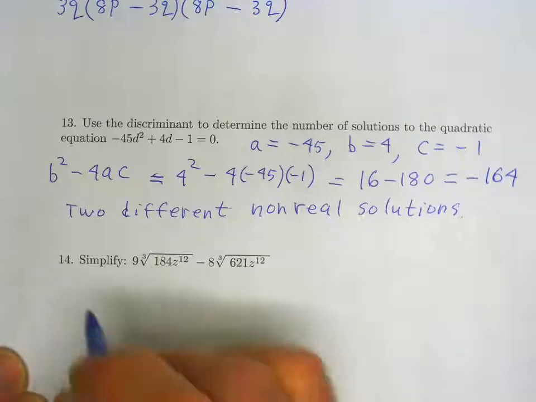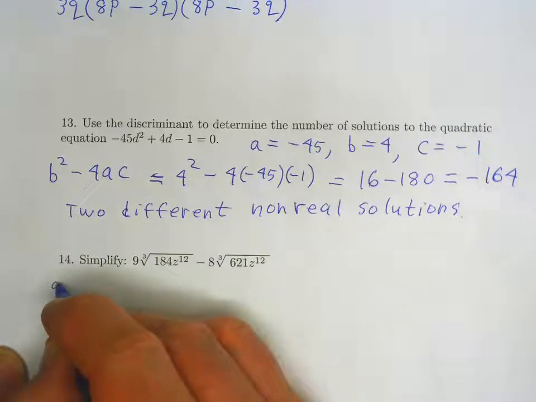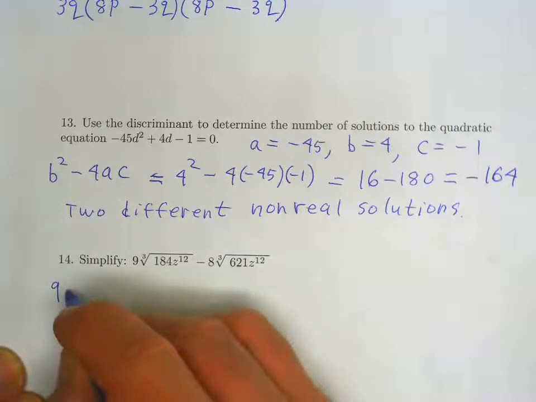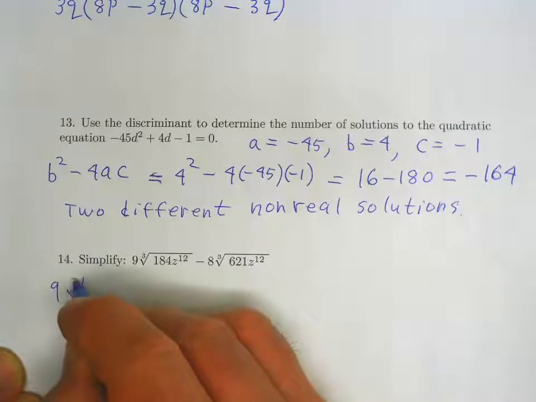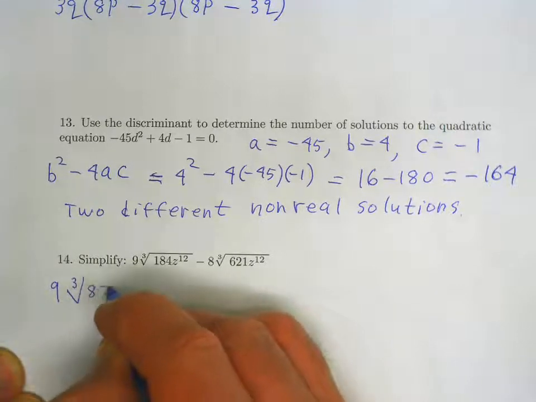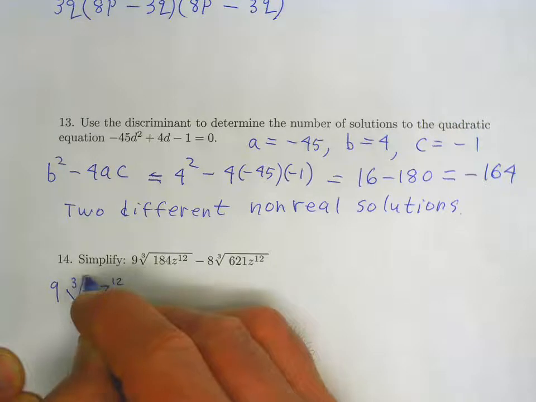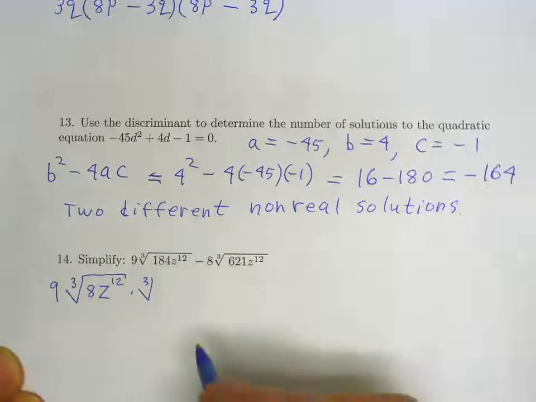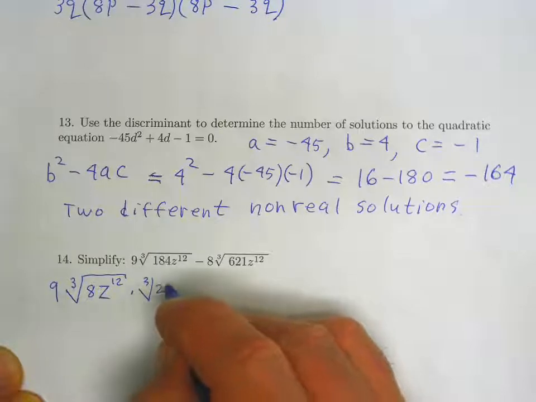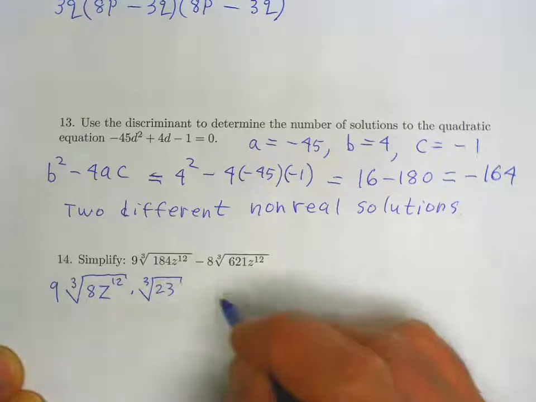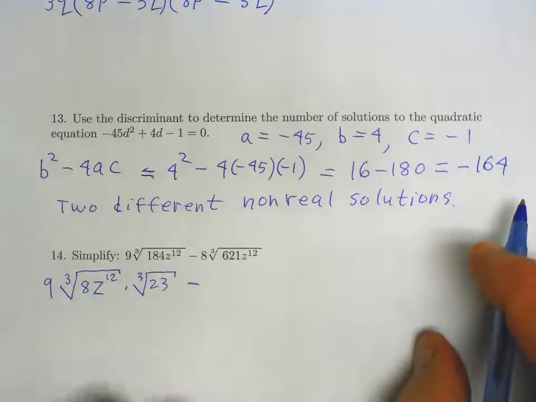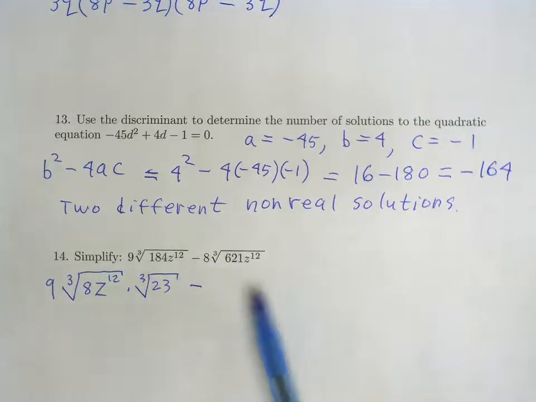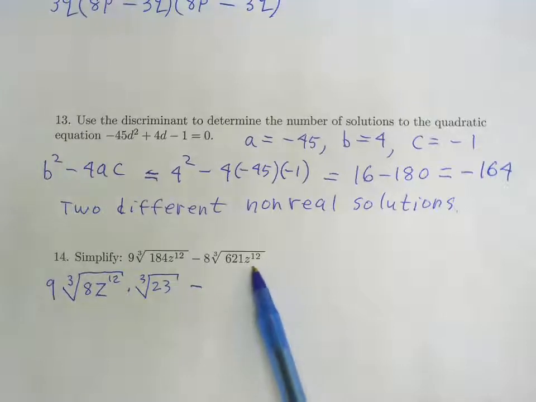So we can rewrite that first term as 9 times the cubed root of 8z to the 12th multiplied by the cubed root of 23. Now we'll move over to the other term. Once again, we have z to the 12th, which is a perfect cube.